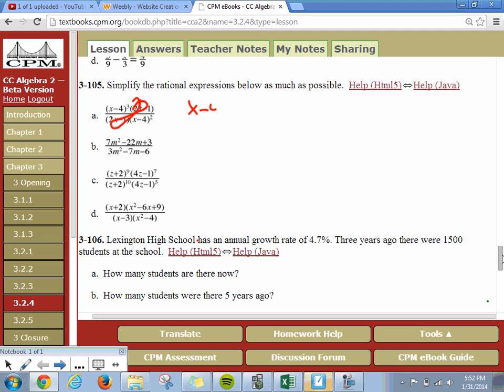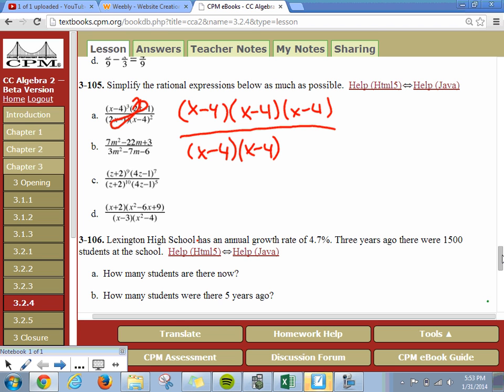So those are going to go away. Then we're left with x minus 4. We've got 3 of those over x minus 4 squared, which means we have 2 of those. So we can cancel out anything where we see 1 in the top and 1 in the bottom, and we're left with x minus 4. So for part A, you should get an answer of x minus 4.